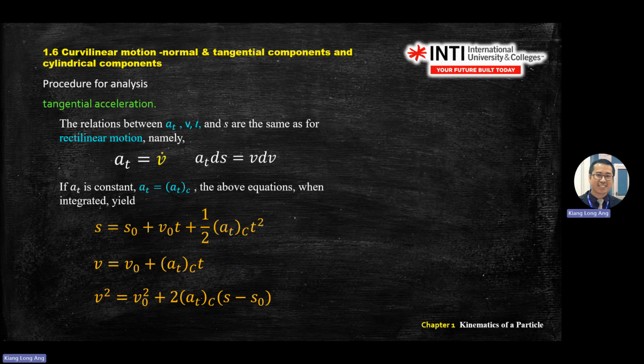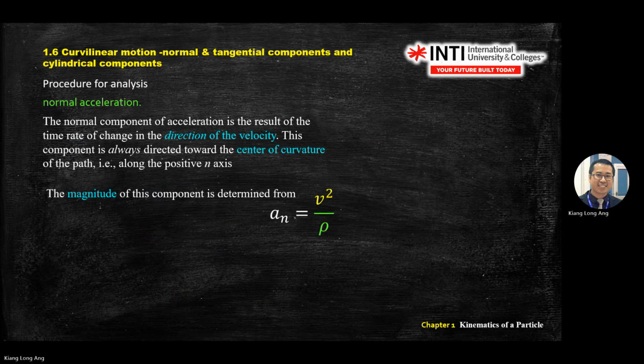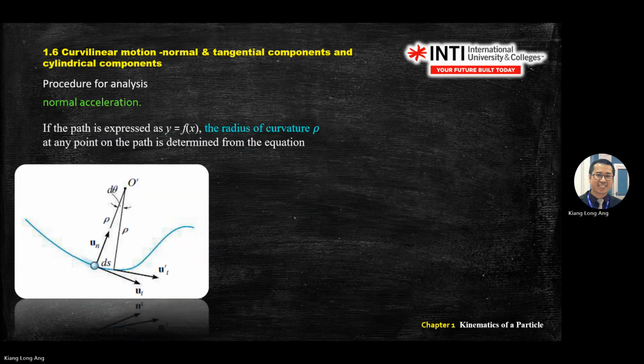Once it becomes a straight line, you can straight away use the Newton equation. So again, just highlighting AN equal to V squared over rho, AT equal to dV dt, what you learned previously.